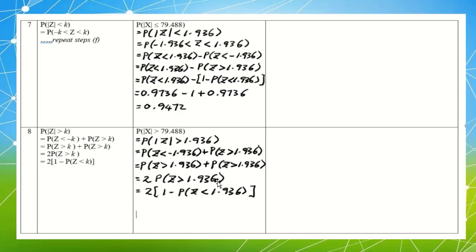Now I'm ready to use the table. When I check the table, I get the value 0.9736. Then when I press the calculator, I get the answer 0.0528.